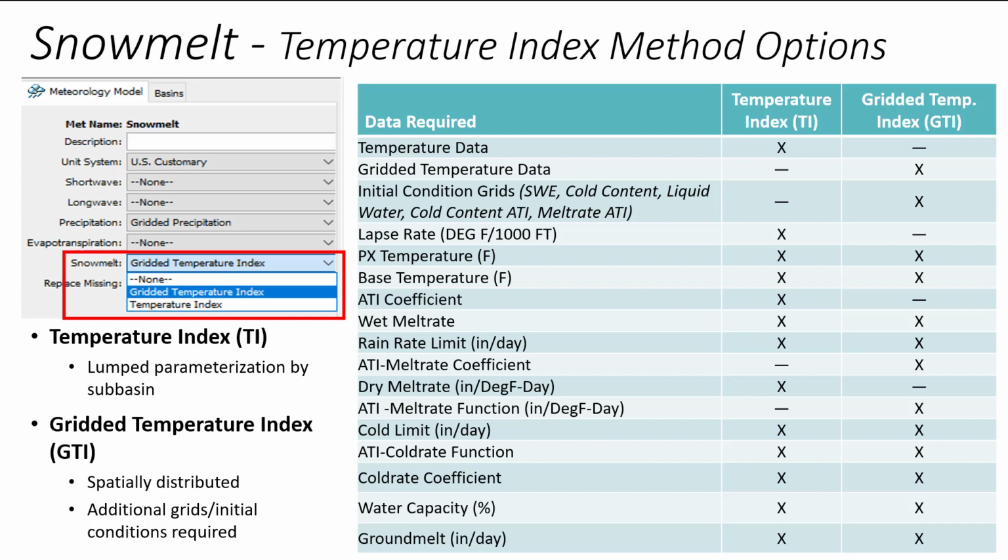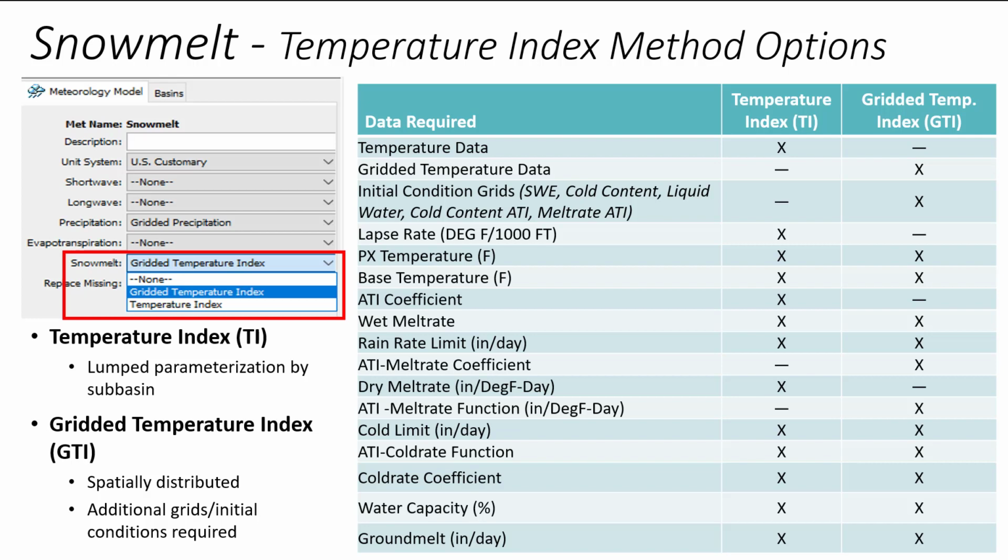The second method is the gridded temperature index method, which involves gridded input parameters. The gridded approach allows for increased variability of key data within each subbasin, such as temperature distribution, initial snowpack conditions, and melt rates throughout each subbasin.